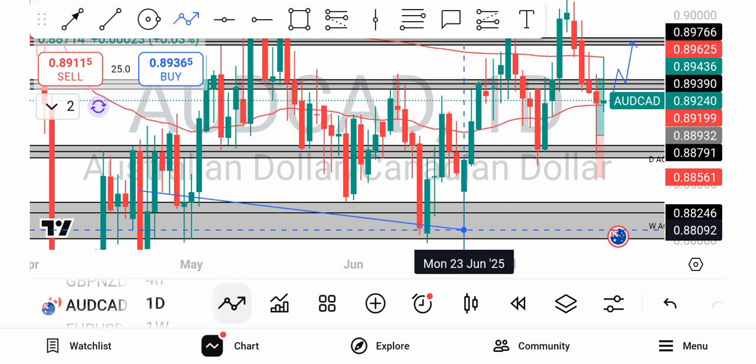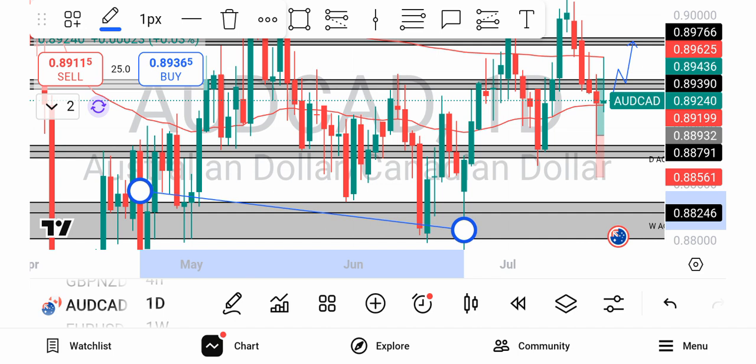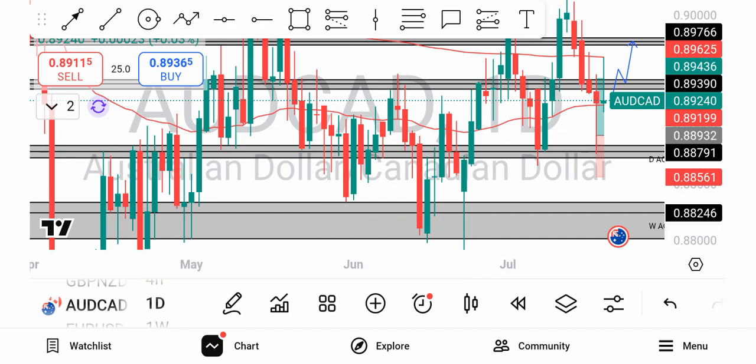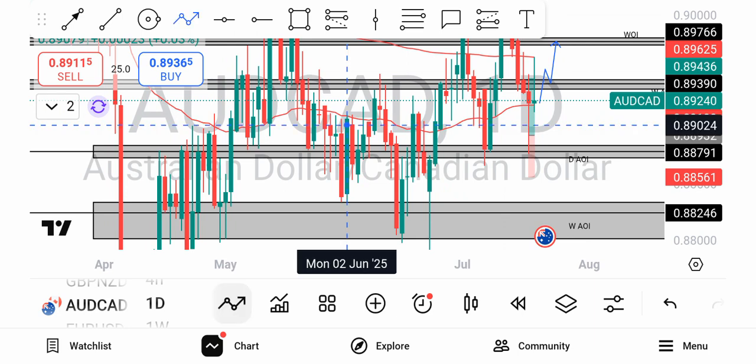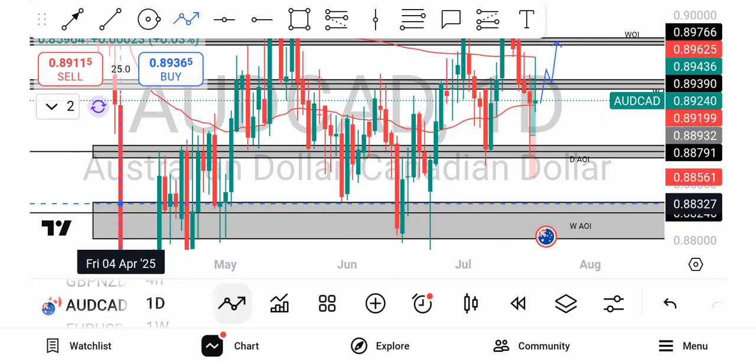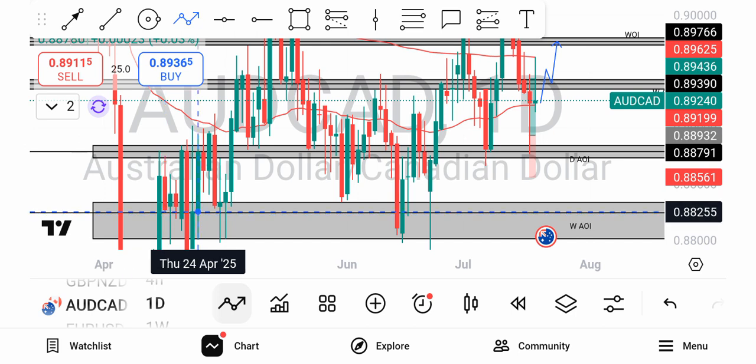Now what I make sure is after drawing my area of interest, I go to the daily and just make sure that I draw a box, this box, just to make the area of interest bigger, because price does not just come to an exact area of interest.